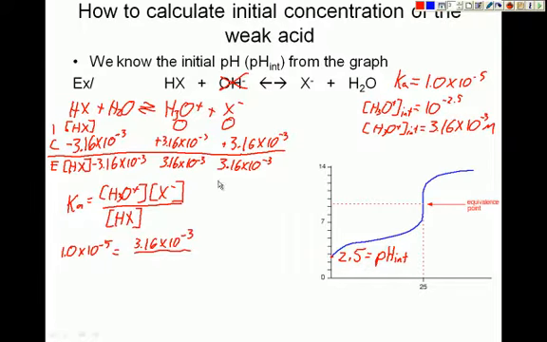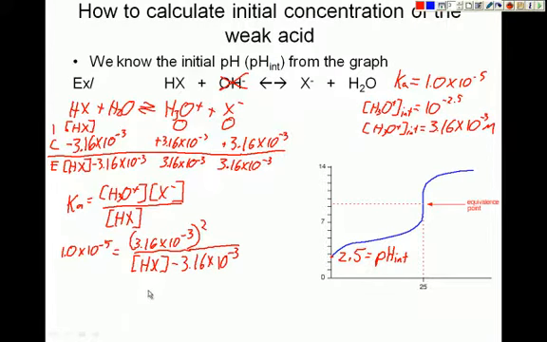We're getting these numbers from here, and since there's two of them and they're equal, we square it. This is divided by our concentration of HX minus 3.16 times 10 to the minus 3. So what we can do is solve for HX.